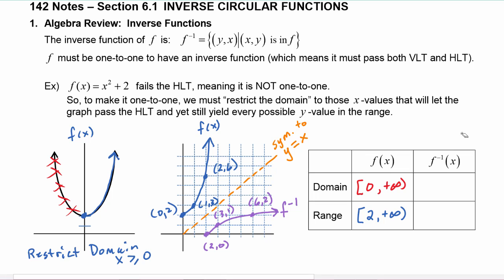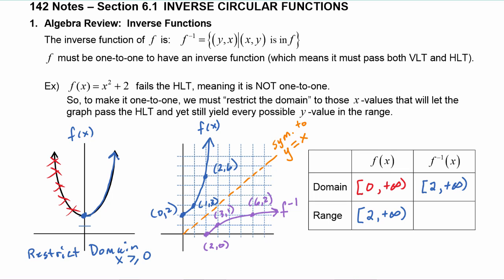Now let's take a look at the domain and range for f inverse of x. Looking at the graph, we can see that the x values start here at 2 and go forever in the positive infinity direction. So the domain is 2 to positive infinity.